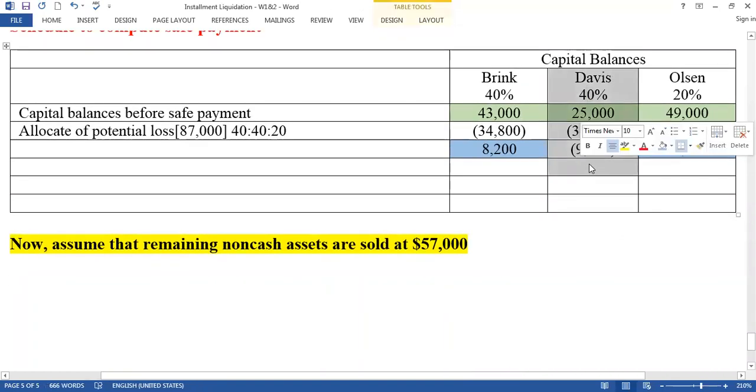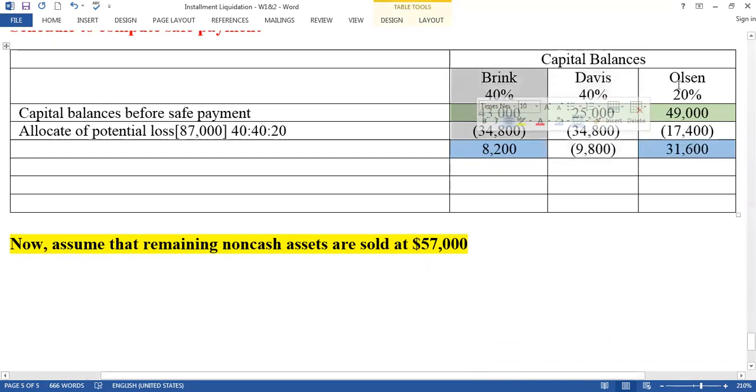Briggs will receive money, and Olson will receive money, but their balance is over $30,000. So what should we do? We are going to absorb Davis's capital into Briggs and Olson. That means we are going to allocate this loss as our loss.